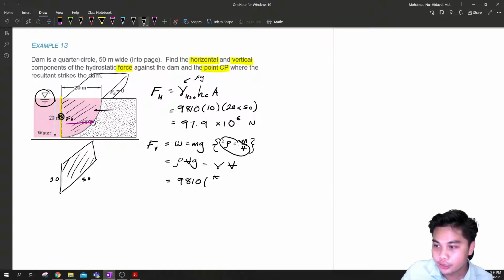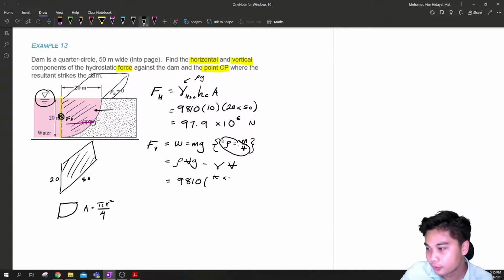So here, in order to get this, the area of a quarter circle, which is pi r squared. Okay, since this is 1 over 4, divide by 4. So pi r, which is 20, squared divided by 4. That is only the area.